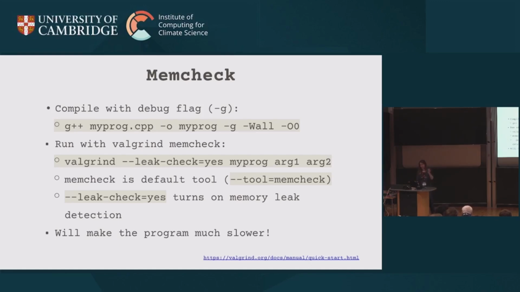I won't show an example, I think you will show the example in a moment. But if you want to use Valgrind, you basically just have to compile with a debug flag and then run it, giving it the executable of your program with the arguments, and either you tell it which tool you want to use, or if you want to run memcheck, you don't need to do that.